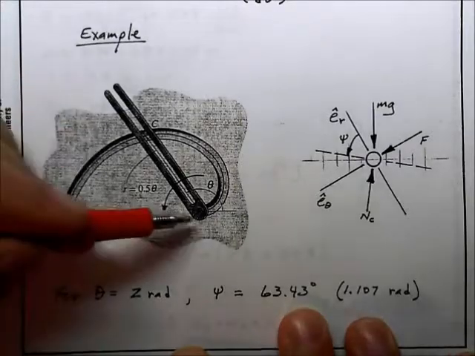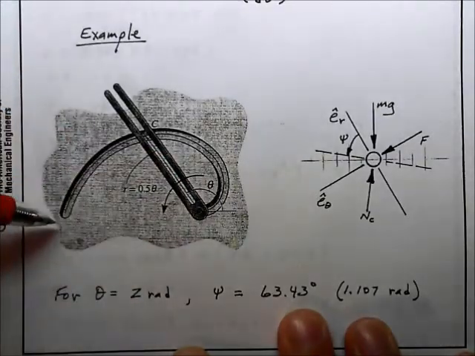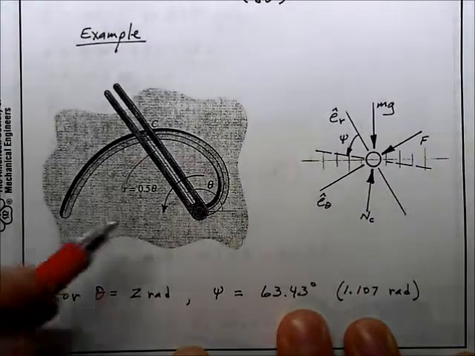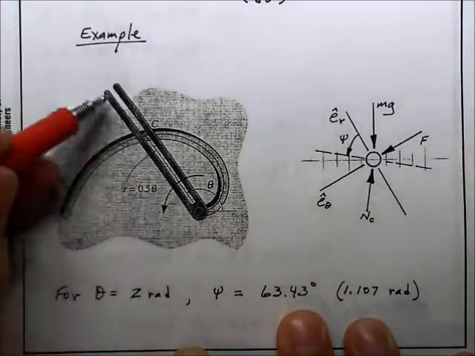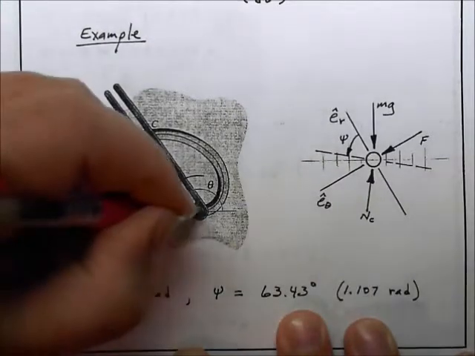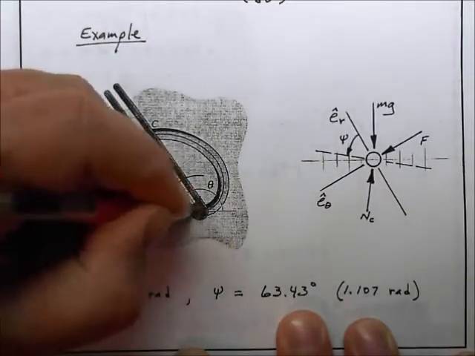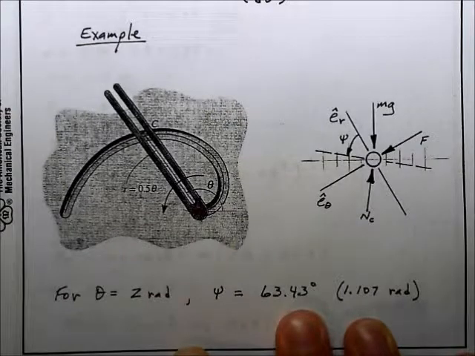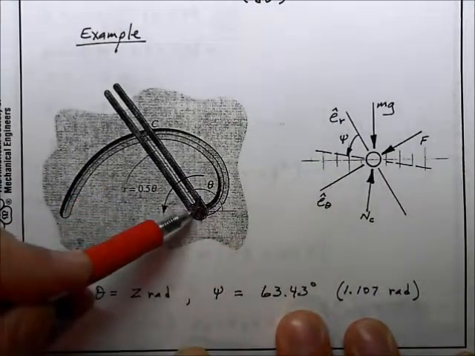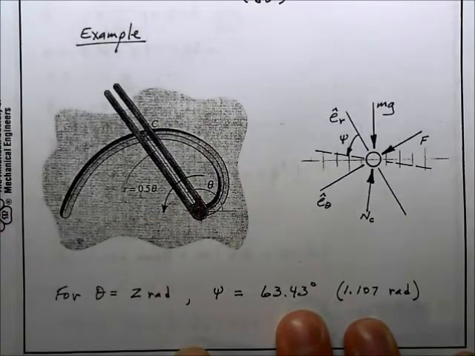Now, to force the ball to move as we wish along that path, we could just push it around, but instead we're going to place a fork with a slot in it, and we're going to hinge that fork at the center, at the origin of the cylindrical coordinate system, and that fork can do nothing but rotate around that origin point.